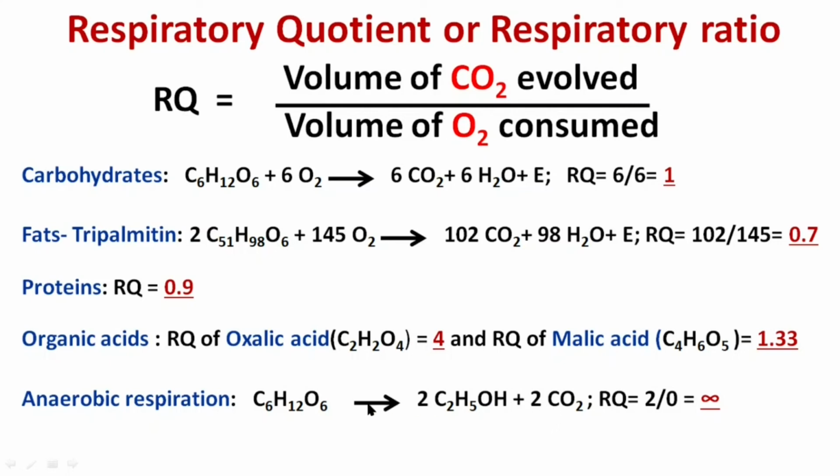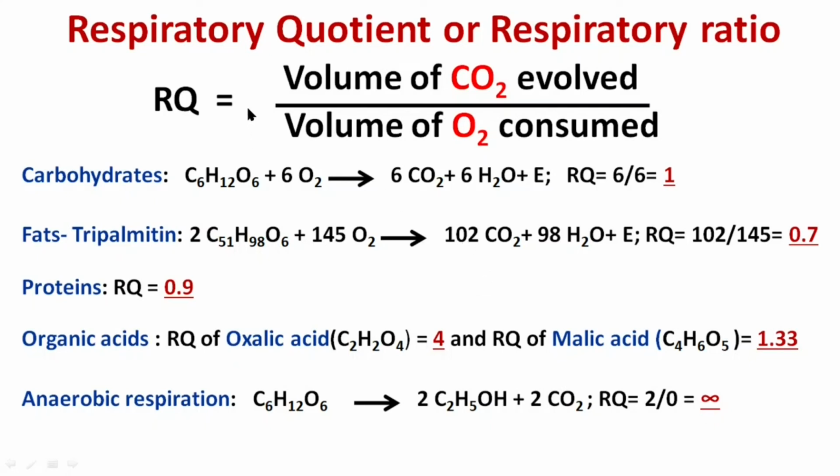There is no consumption of oxygen because this process comes under the category of anaerobic respiration, where it happens in the absence of oxygen. So in the numerator, we write the number of molecules of carbon dioxide released, which is 2. In the denominator, as there is no oxygen consumption, we write 0. So the RQ of alcoholic fermentation is infinite.